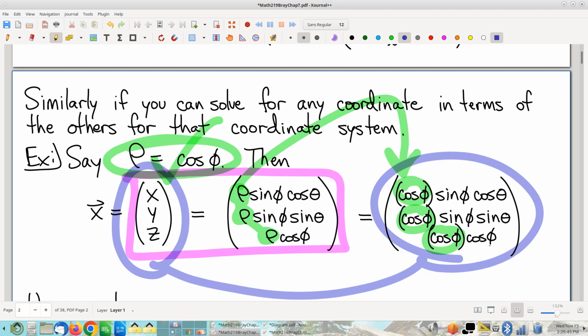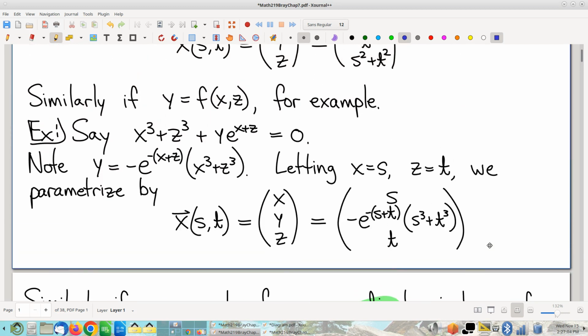Now, some people are a little uncomfortable about the fact that these are phis and thetas instead of s's and t's. I suppose if you really want to replace every phi with s and every theta with t, you're welcome to, but it's really not necessary. The only reason that you would need to do such a thing is to avoid a confusion of variables. So here, if I had left these as x and t, then arguably x is both an input and an output.